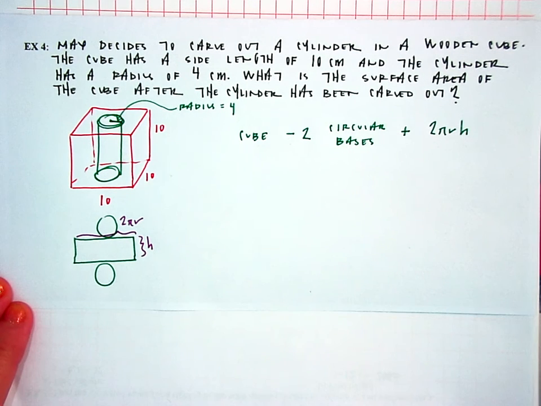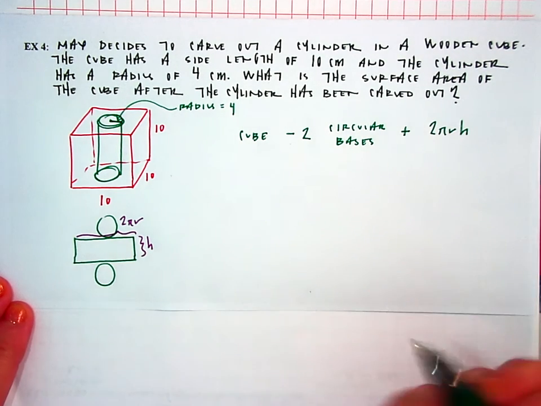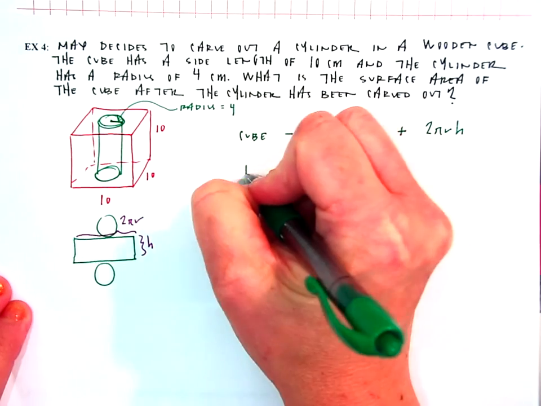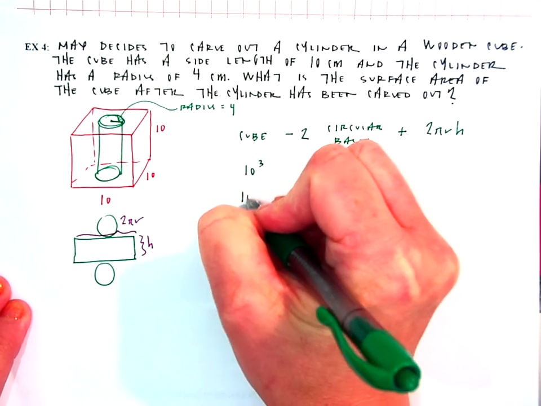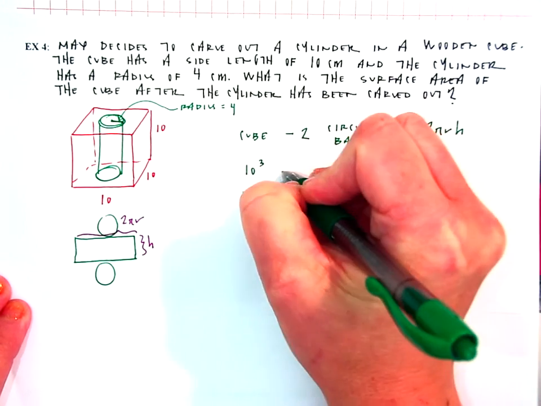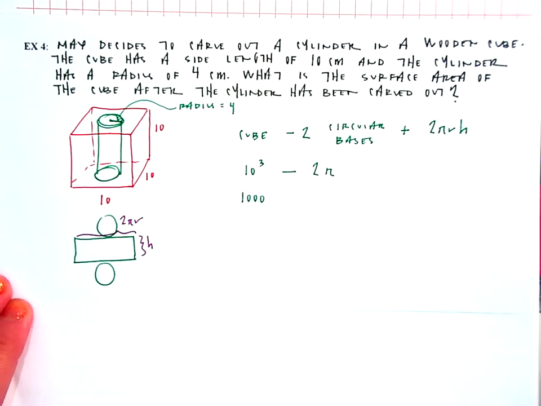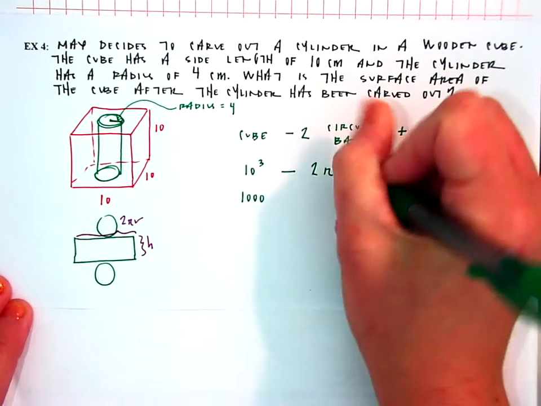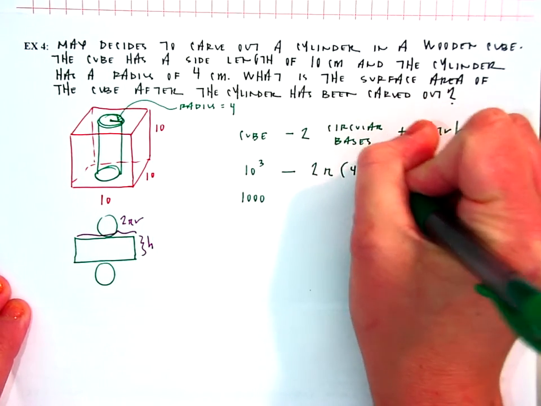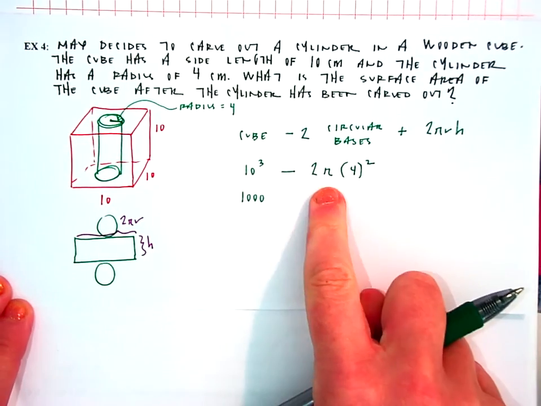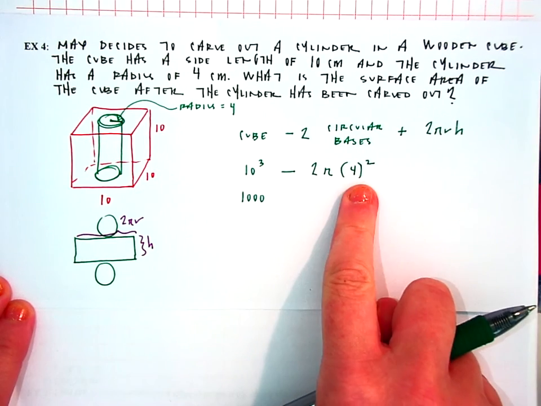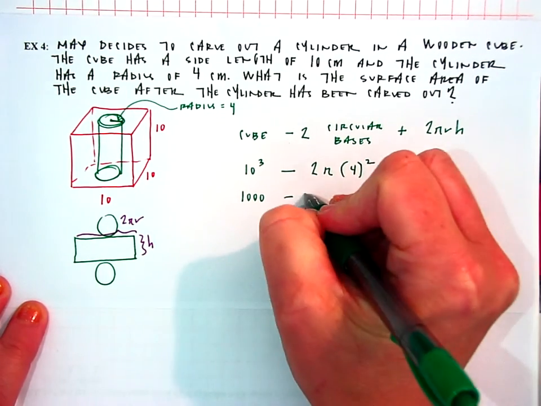My cube, I know that that is a side cubed, so 10 to the third power. I know that's 1,000. My two circular bases, so 2 pi, my radius here is 4, and then squared. So 2 pi r squared, 2 times 16, I got 32 pi.